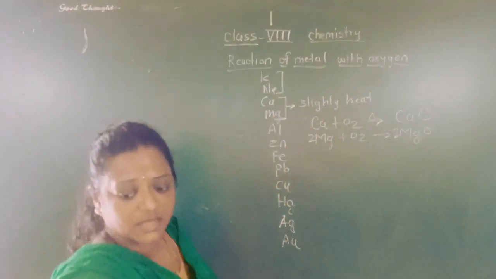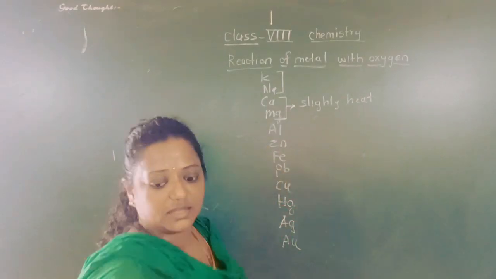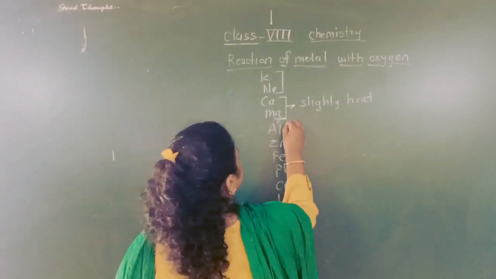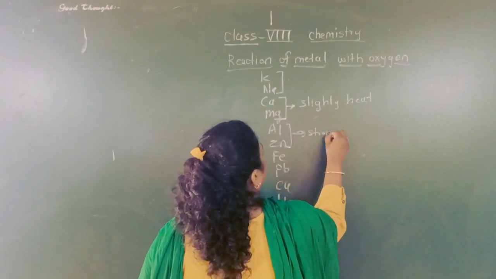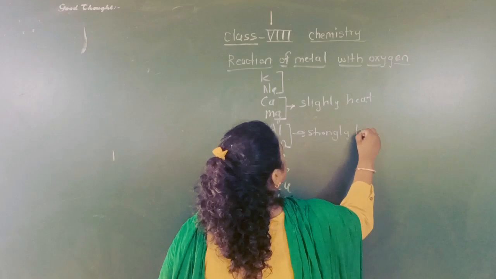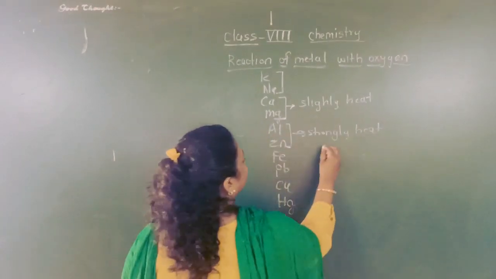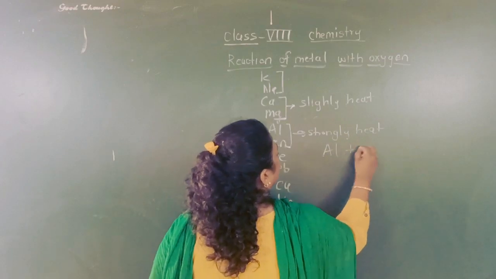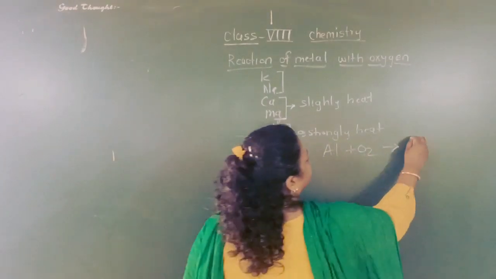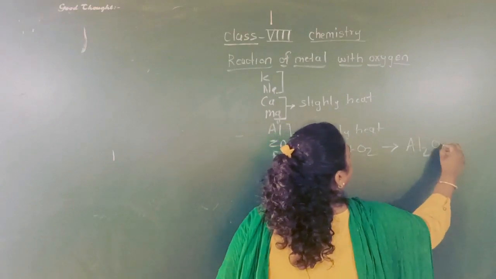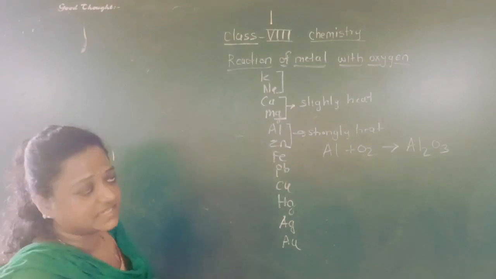If we talk about aluminium and zinc, what will happen to them? Aluminium and zinc have to be strongly heated. Suppose we take aluminium plus O2, it forms Al2O3, aluminium oxide.